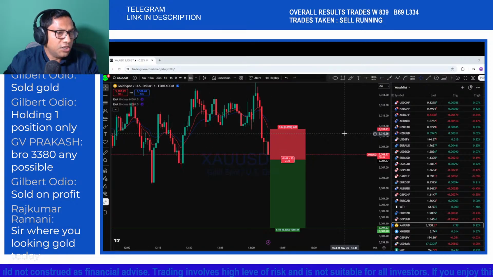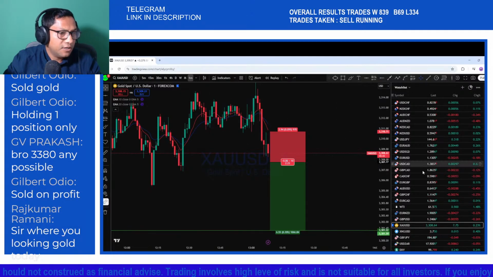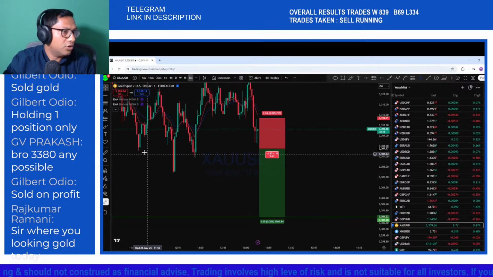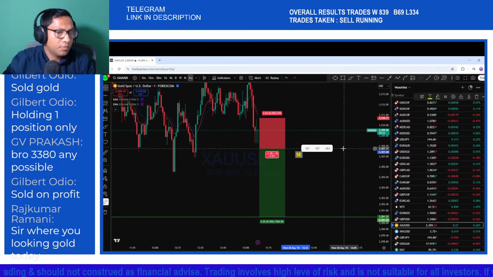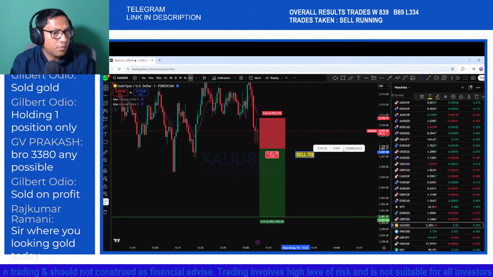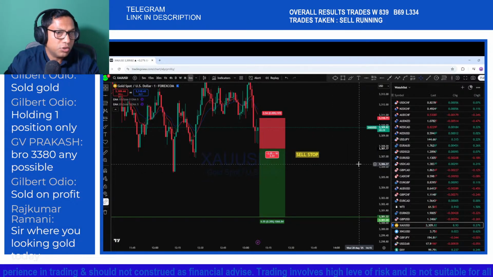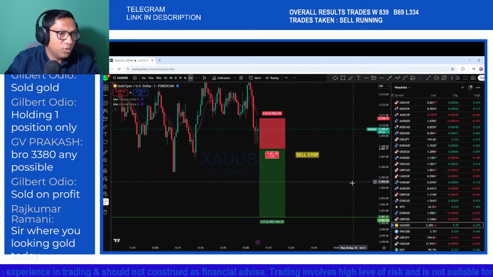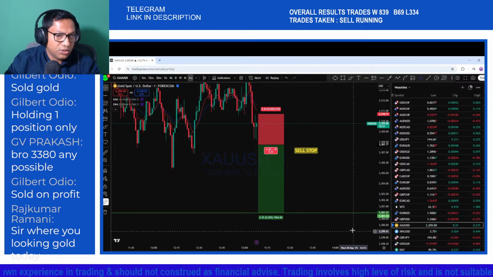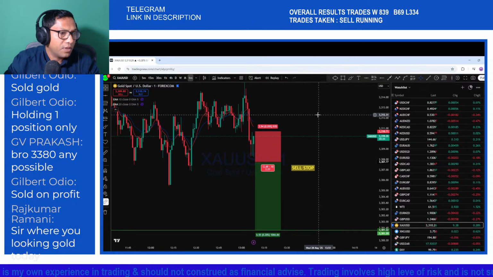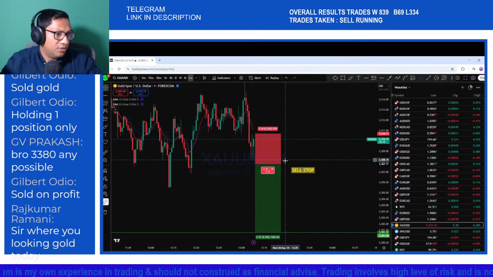So there is a doji, and we can see the market may trigger. We have placed another pending order, sell stop. So sell stop at 3307.77, stop loss at 3310.71, TP target at 3301.22 level, which is the daily low. If the market breaks below, then we will be on the trade.